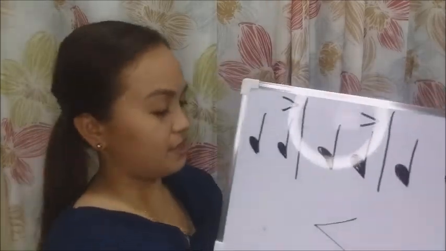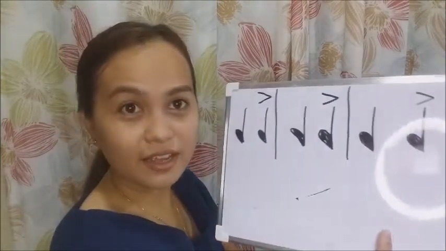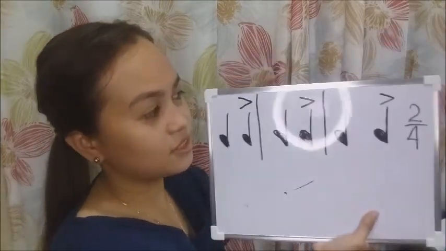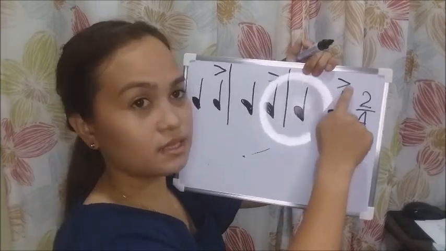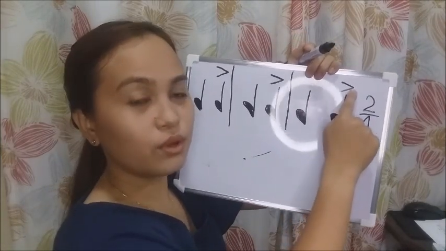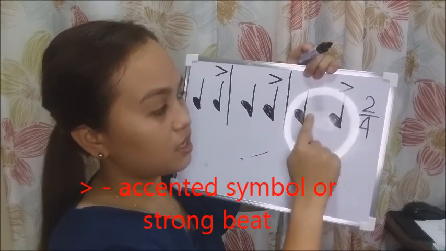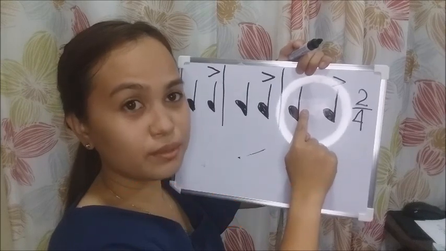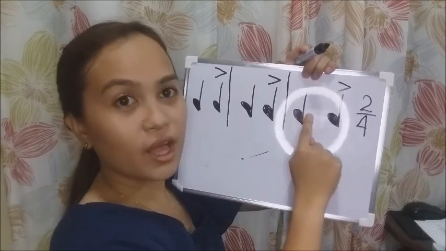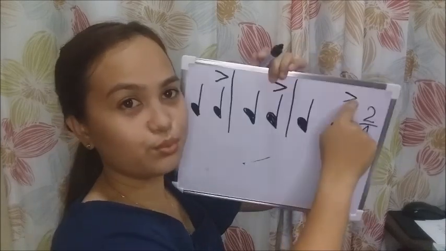2/4. Okay, let's try. When we see an accented beat, we will nod our head, and for the unaccented or weak beat, no nodding of the head, only on the accented beat.